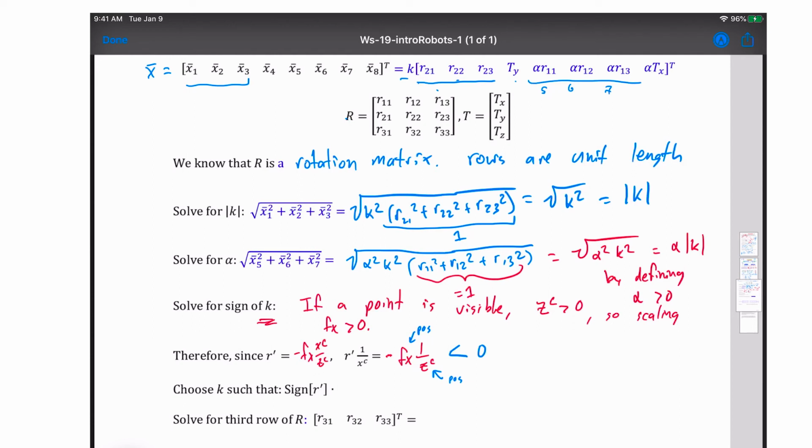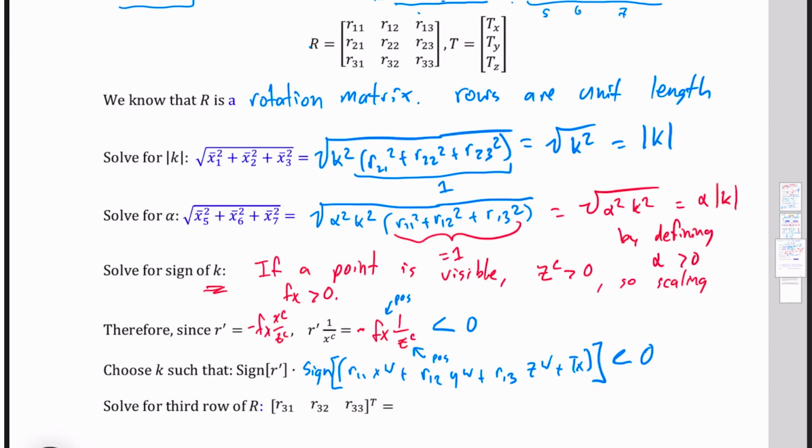And so all we do is we choose a k such that the sign of our row value, times the sign of this quantity of our xc, which is equal to r11 x world plus r12 y world plus r13 z world plus tx, is less than 0. So then we can solve for whether it should be positive or negative. From this, we have now solved for what our k value is and our alpha value.